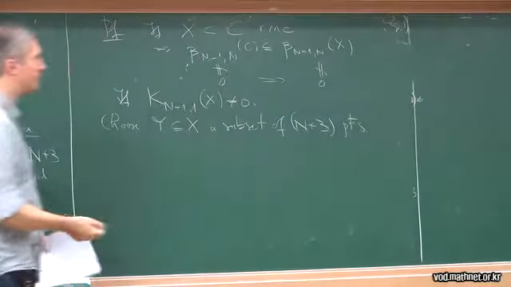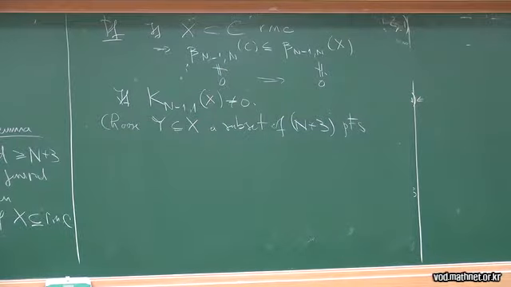Well, if X has exactly n plus 3 points, there's nothing to prove, because any n plus 3 points in linear general position lie on a rational normal curve.